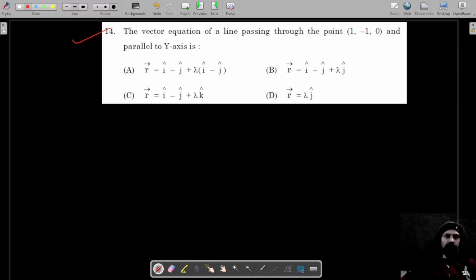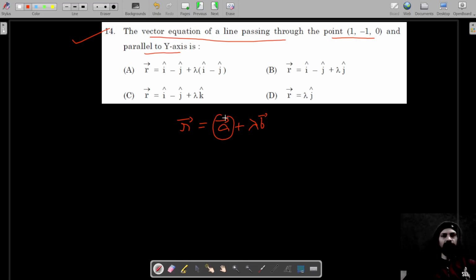For question number 14, we have to find the vector equation of a line passing through the point and parallel to the y-axis. The vector equation of a line passing through a given point is r vector equals a vector plus lambda into b vector, where a is the position vector of the point through which it passes.